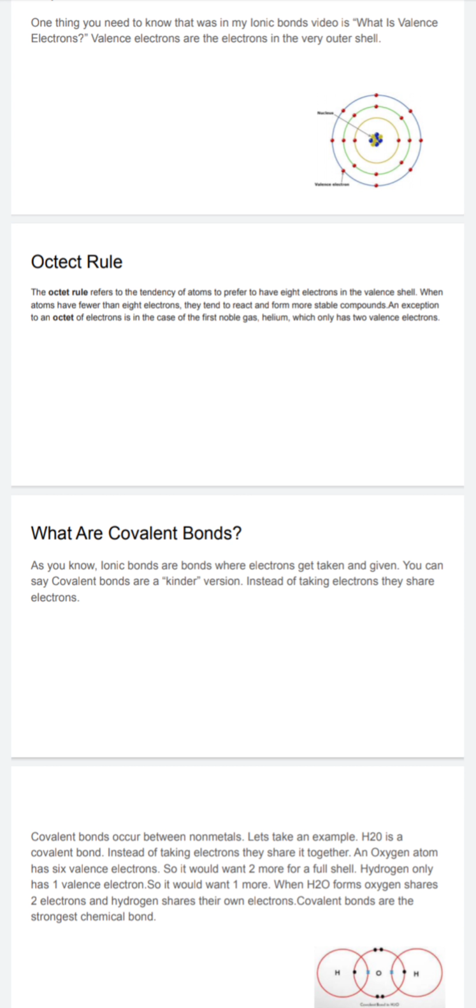And covalent bonds are basically the nicer version of ionic bonds. They like to share and not take and steal and stuff like that. I guess that's how you would put it. And a fun fact is that covalent bonds are the strongest bond.